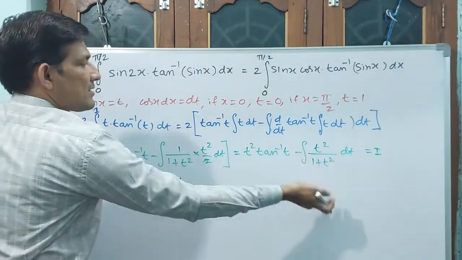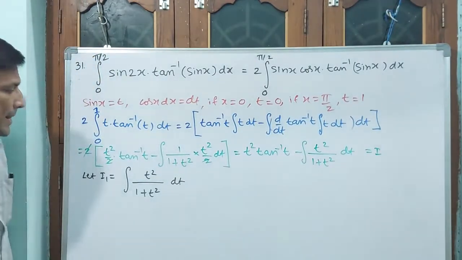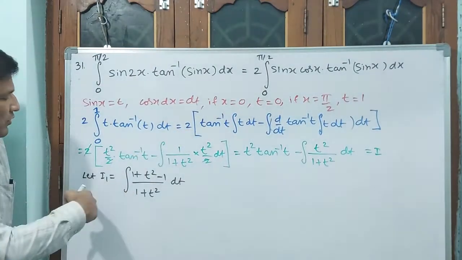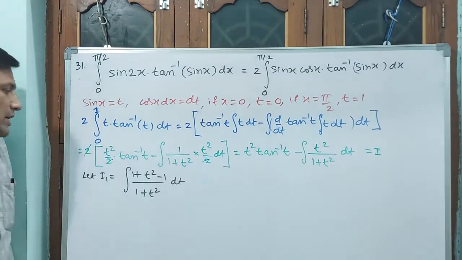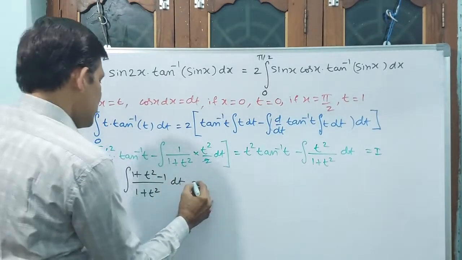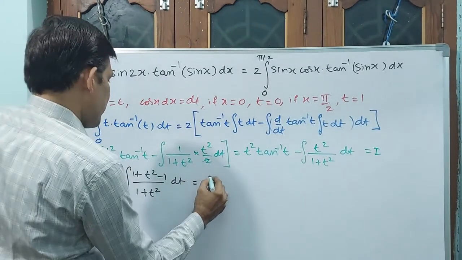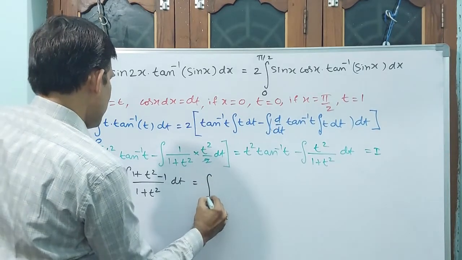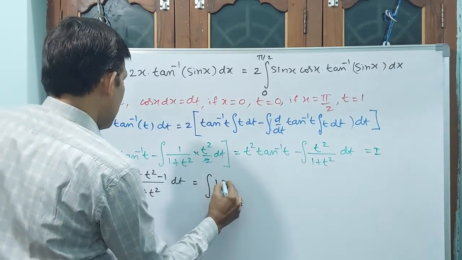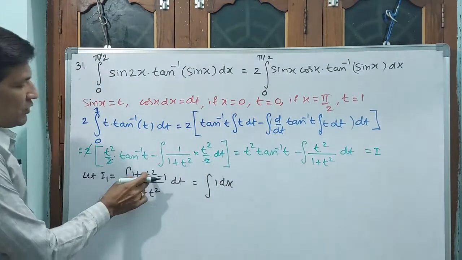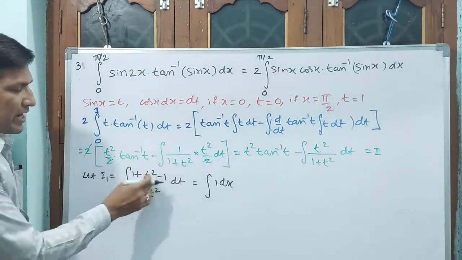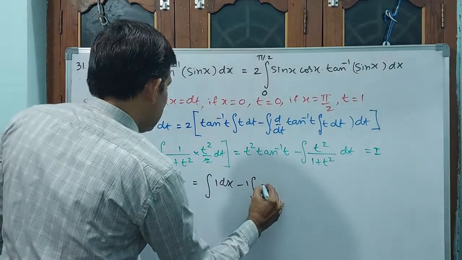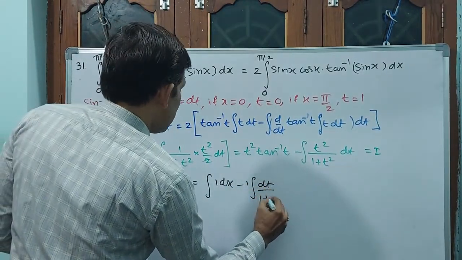Afterwards I am going to substitute this with a minus. Now I change it like this: integral 1 dt, because 1 plus t square divided by 1 plus t square is made, and minus 1 separated, minus integral dt by 1 plus t square.